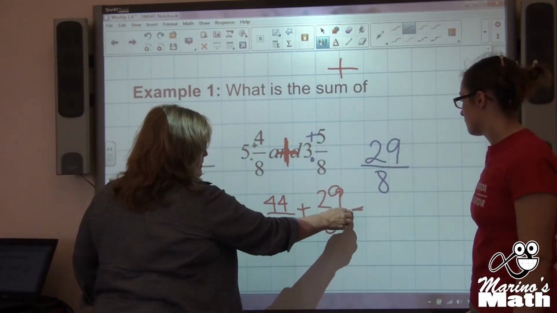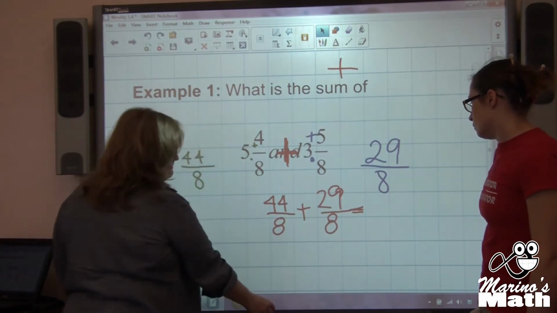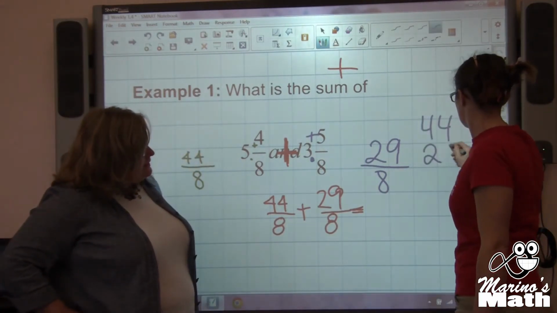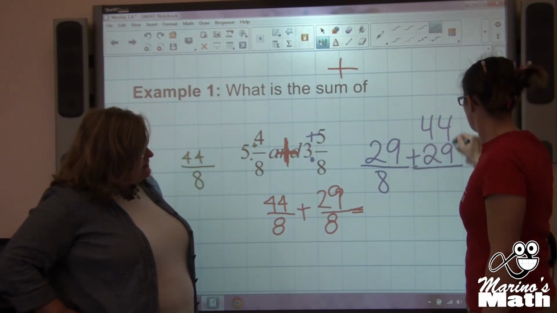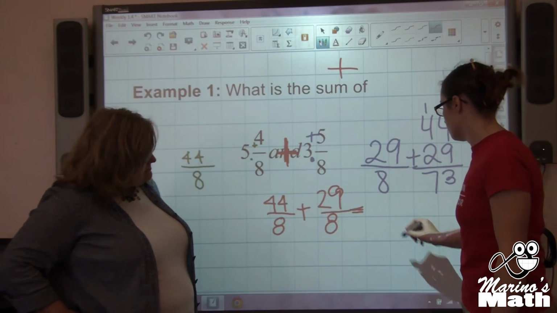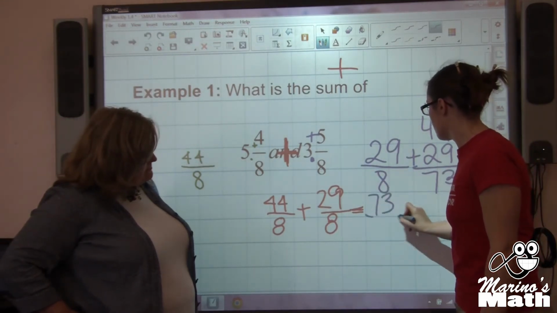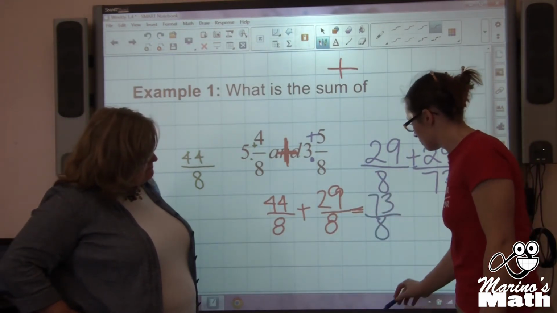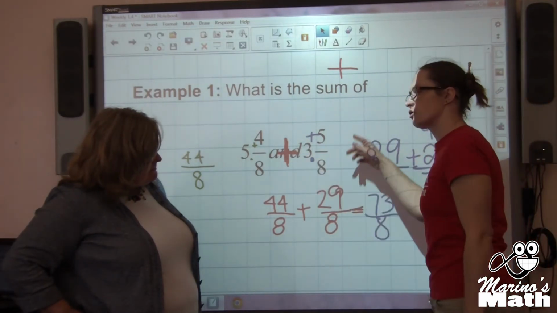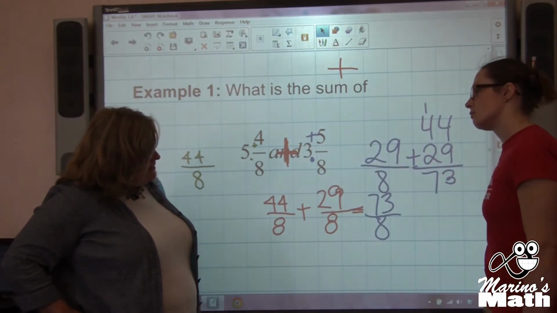Those numbers are getting kind of big to just add in your head. 44 plus 29 is 73, I think. So I get 73 over 8. Should we turn it back into mixed numbers since we started out with mixed numbers?